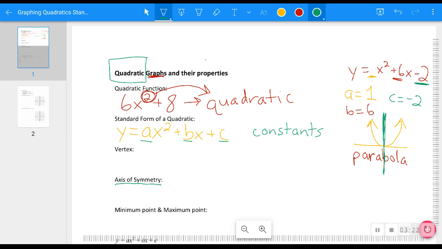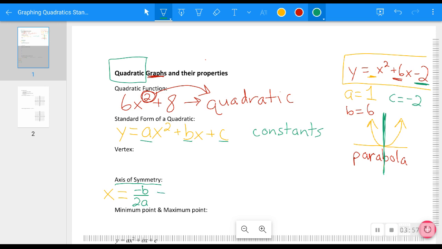So because it's a vertical line, straight up and down, we're going to write the equation of that line as x equals, because that's the equation of a vertical line. And so if we go back to that equation that I brought up from the bottom, we are going to use our a value and our b value. So the formula for finding your axis of symmetry is going to be x equals negative b over 2a.